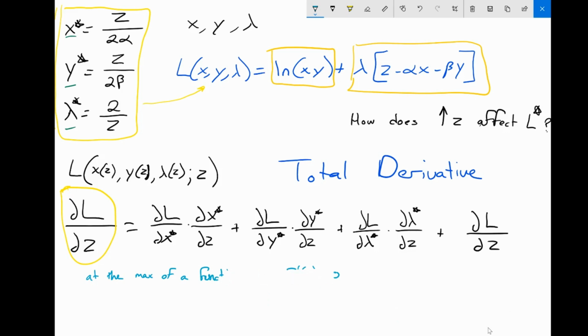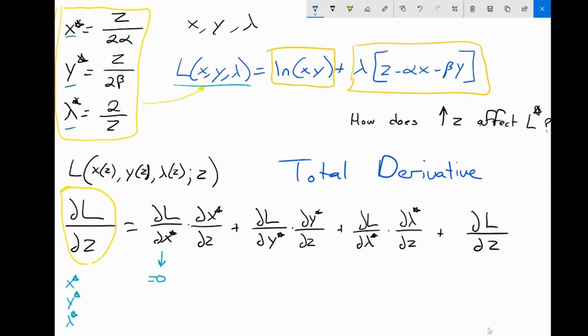Well, based on this information, we can make a very important observation here. X star is the optimal value of x, y star is the optimal value of y, lambda star is the optimal value of lambda. So then the derivative of L with respect to x at x star is equal to 0.